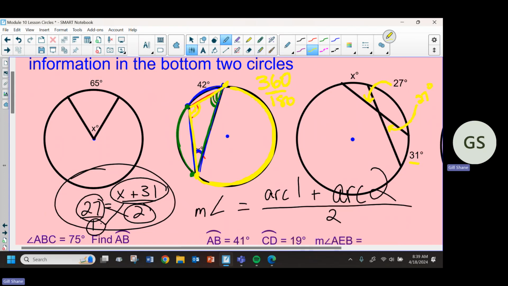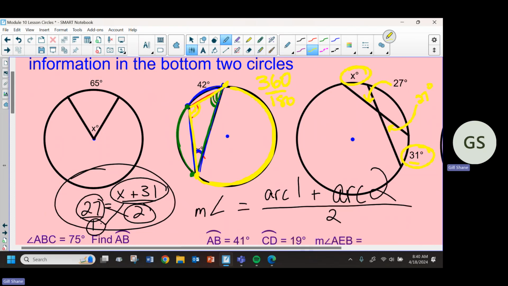Written right here. Arc 1 plus arc 2. So this plus this divided by 2 equaled the measure of either angle. You're only solving for one of the angles. This 27, I was just kind of reviewing old concepts, but you're solving for one angle. It just so happens because they're vertical angles, it's the same measure in both angles.